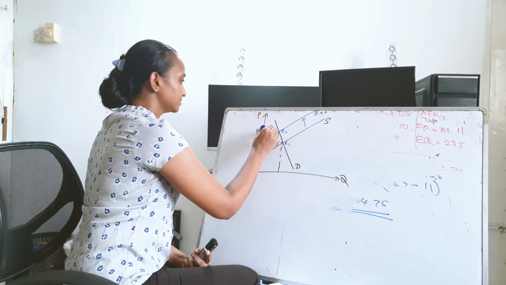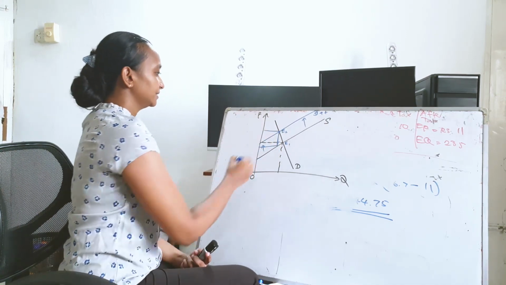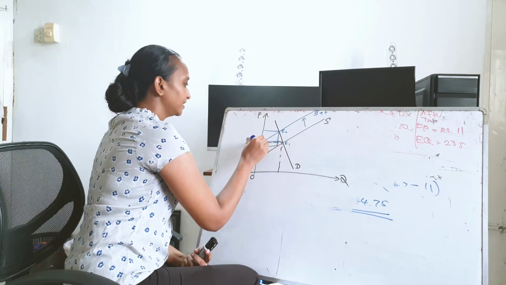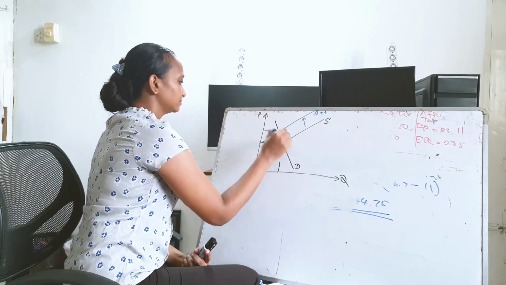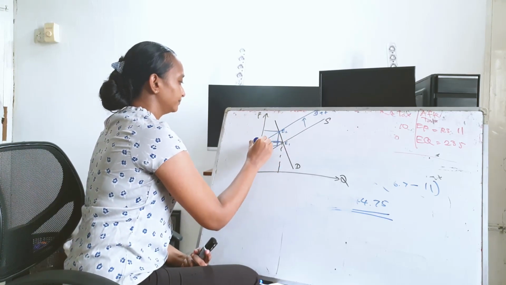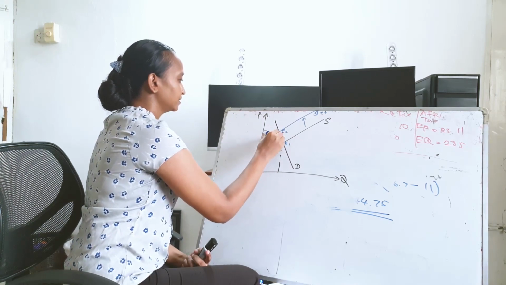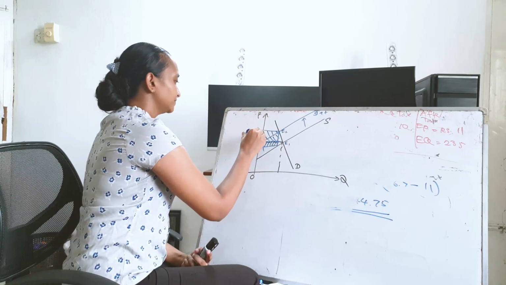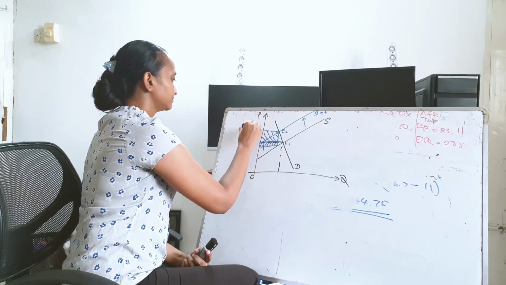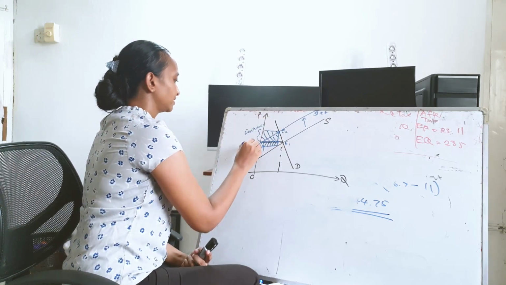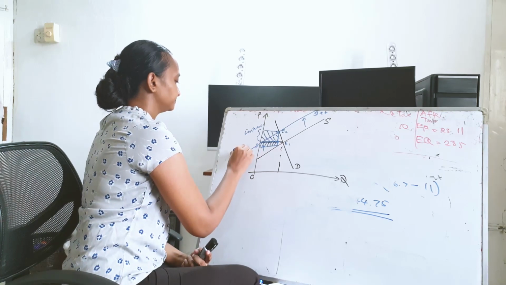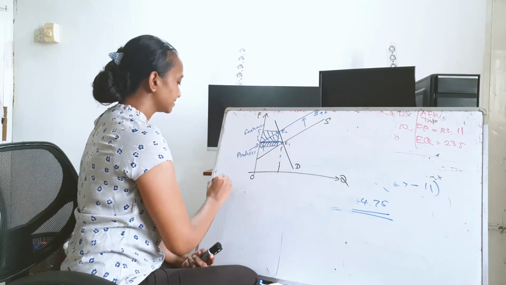You have to draw this rectangle and divide it at the previous equilibrium. Here, the tax burden on consumer and the tax burden on producer.